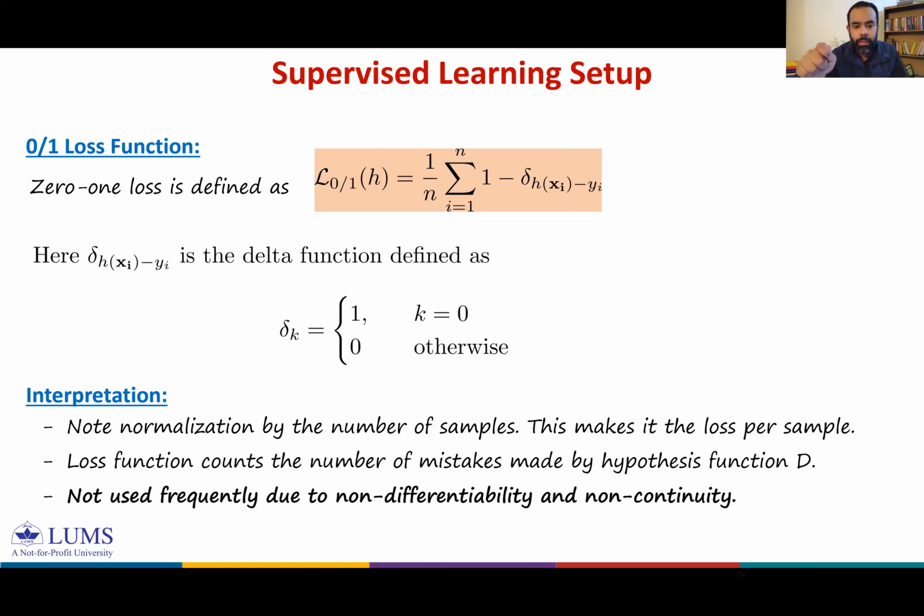Mismatch है तो 1, मismatch नहीं है तो 0, right? अगर perfectly match है तो तब loss 0 आएगा, अगर हल्का सा mismatch है तो loss 1 आएगा. And due to this step-like nature of the 0-1 loss function, we do not use it. At times we use it in classification, but we don't use it in regression.